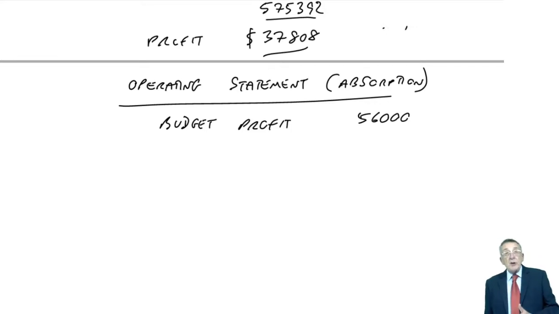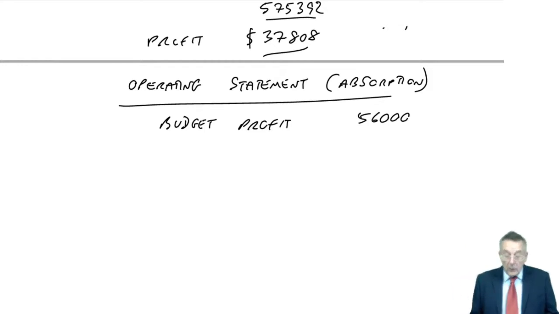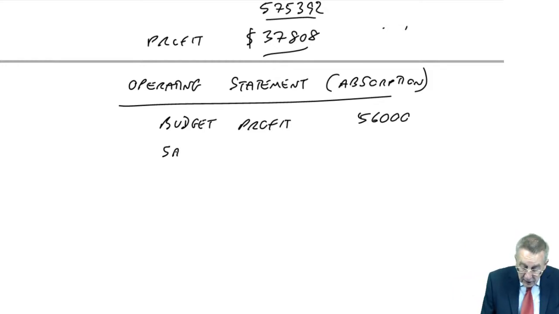Just like before, we're going to list all the variances to explain why the actual profit is different. And as you'll see, there are two differences, and I'll put an asterisk against them. But the first variance we look at, the most obvious one of all, is the sales volume variance.